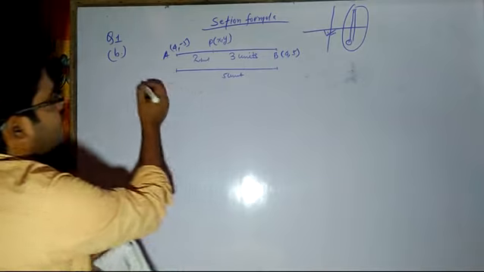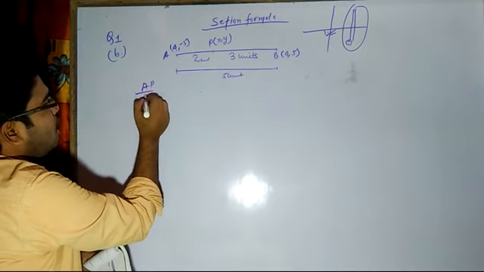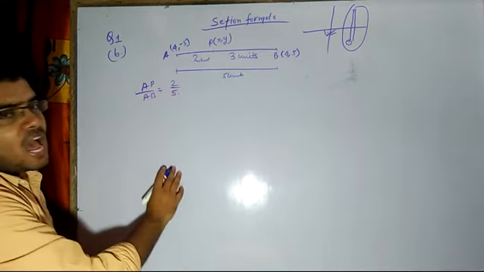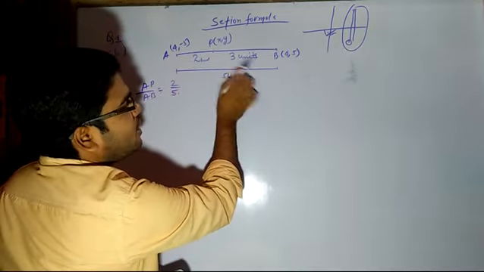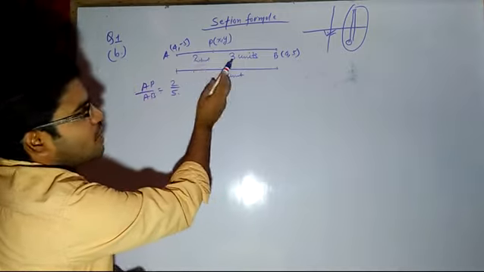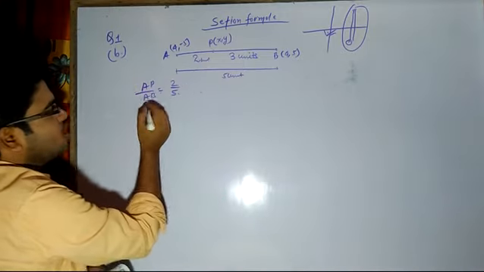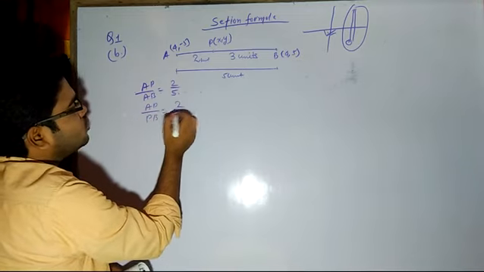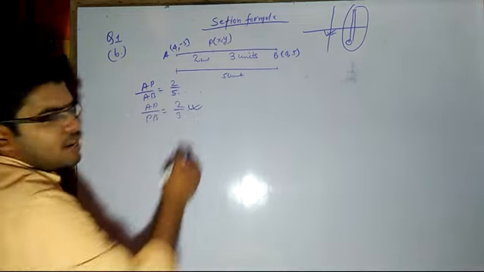Now the question says AP upon AB is equal to 2 upon 5, but we have a formula for the m is to n ratio, not the entire length. So I have divided it into two parts, 2 and 3. So you can write AP upon PB is equal to 2 upon 3, right? This is my ratio.